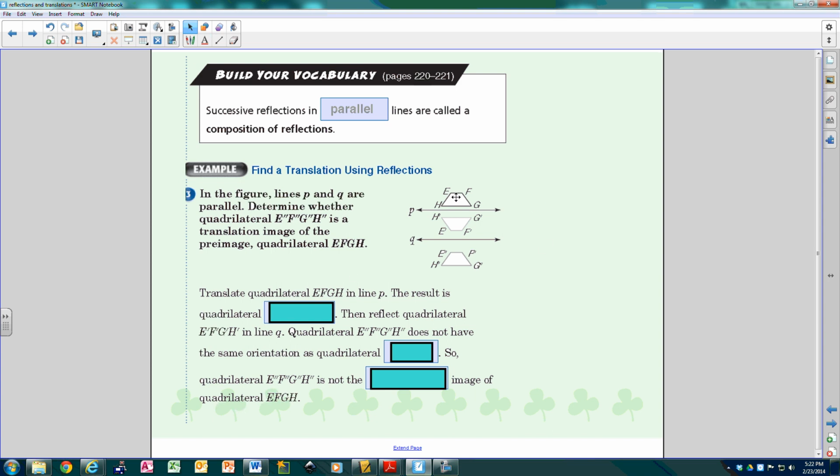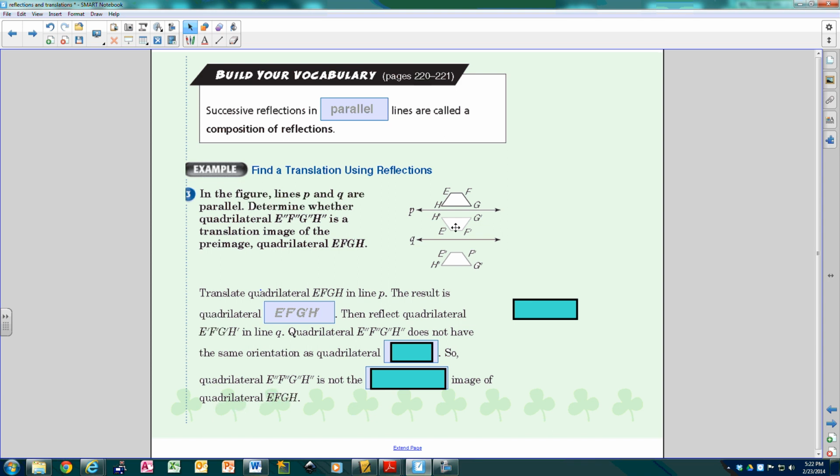So if you take this figure and you reflect it, notice E moves from here to here. So all the points, it's kind of like reflecting over the y-axis. Okay, and now I'm going to reflect it over line Q, so I've reflected again. Then it says translate quadrilateral EFG in line P, the result is E prime, F prime, G prime, H prime, so it's the second one.